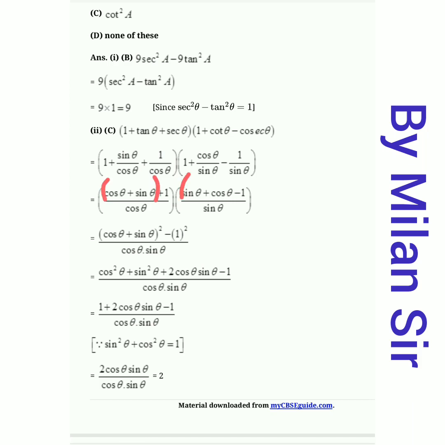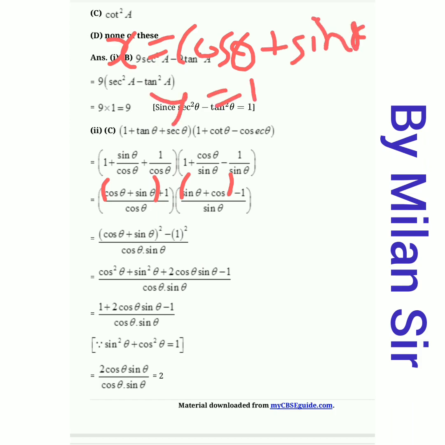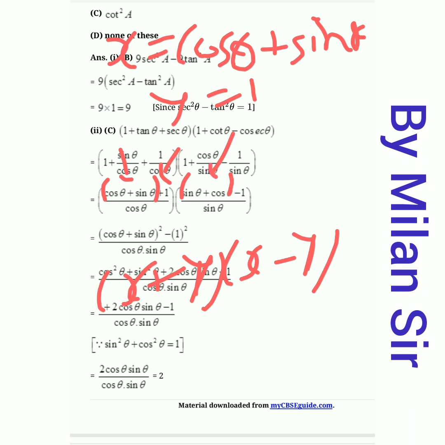First bracket. Now look at this bracket, means our x is equal to cos theta plus sin theta, and y is equal to 1. So here you get x plus 1, x minus 1, sorry y, right? This is x plus 1, again this bracket is x and minus 1.